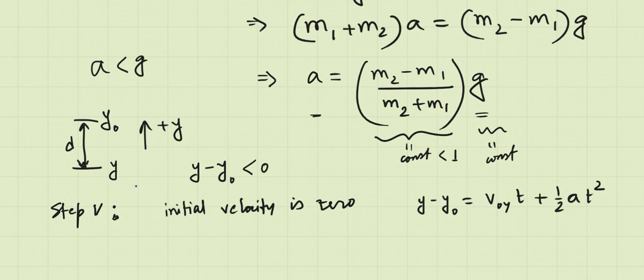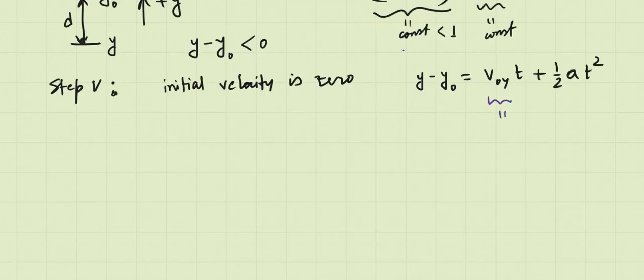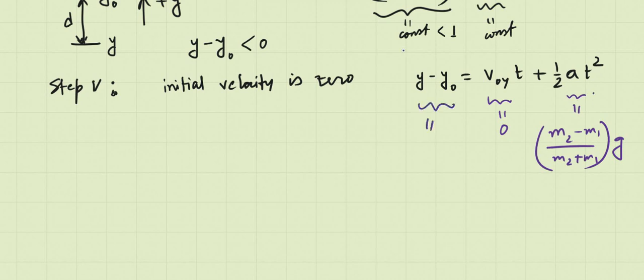So in our case, this guy is going to be 0 and this guy is going to be m2 minus m1 divided by m2 plus m1 times g, okay, and this guy, if this is equal to d, well, it's not d because d is a positive quantity and y minus y naught needs to be negative, because y naught is the initial position and it is more in the direction of plus y, so it's going to be actually minus d, okay.